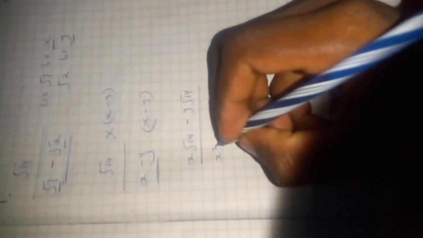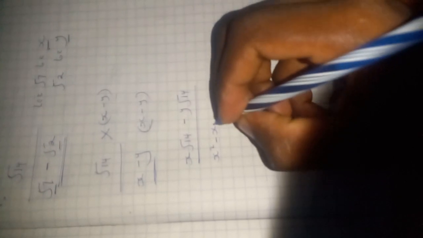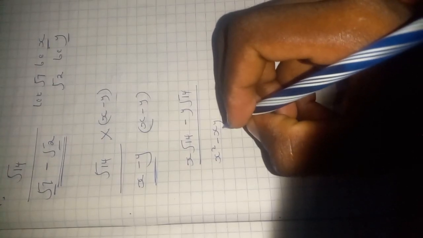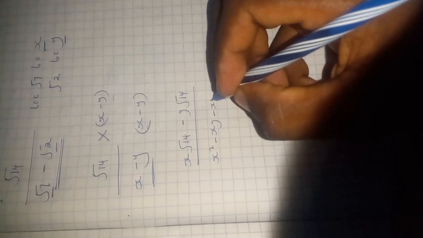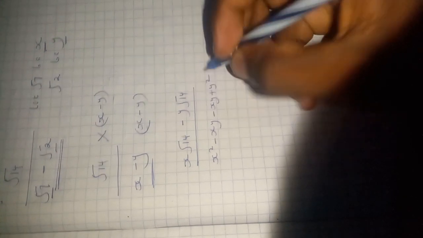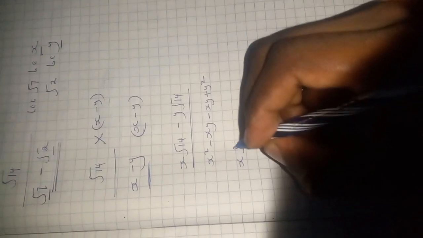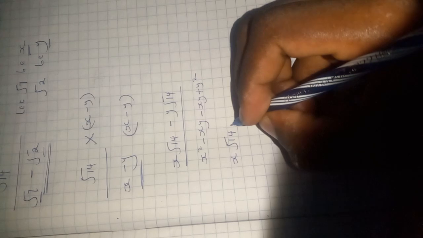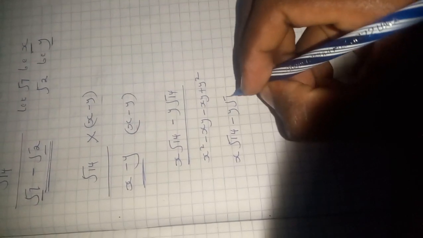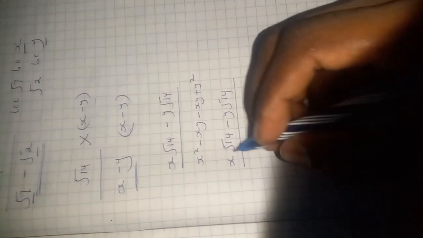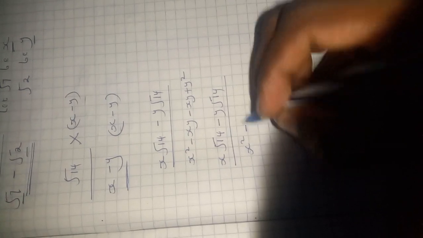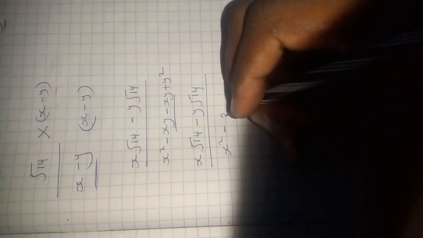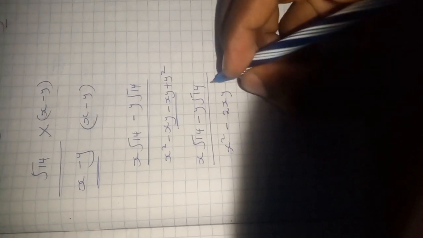The denominator will be x squared minus xy minus xy plus y squared, which is x squared minus 2xy plus y squared.